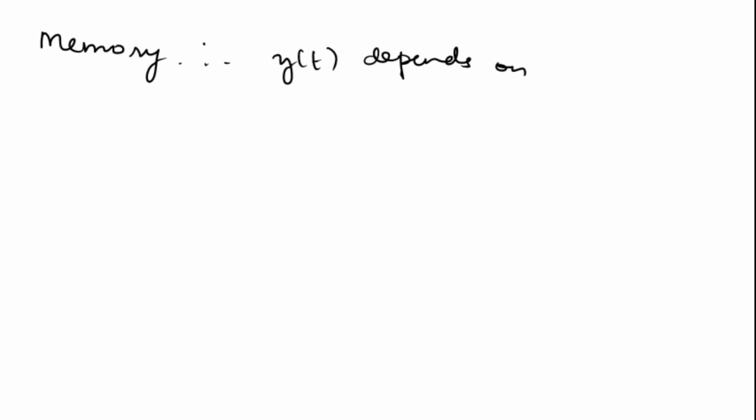Next, we have to check it for memory. For some instant of time, the output y of t depends on past value of the input, that is y of 2.